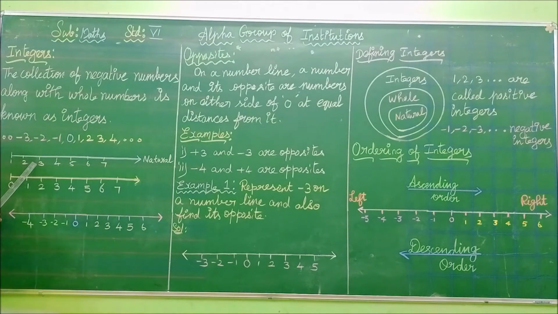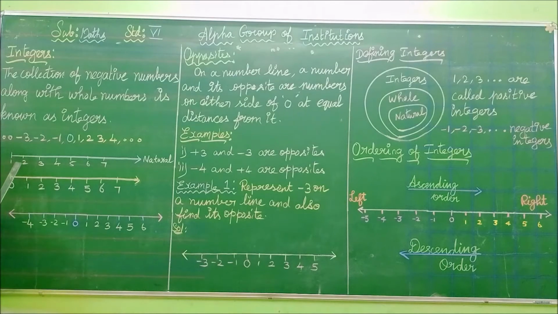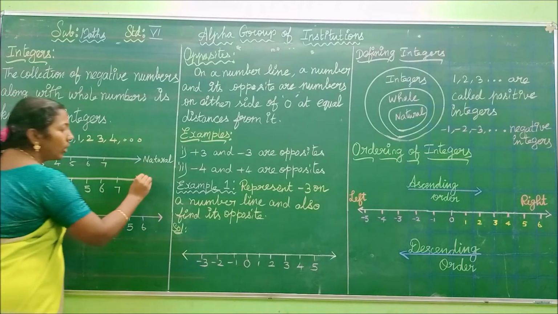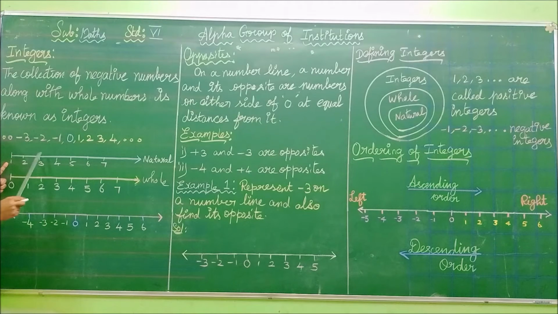Yes, natural numbers. Because natural numbers are starting with 1. So 1, 2, 3, 4, 5, etc. are called natural numbers. So along with natural numbers, if you add 0, you get what type of numbers? Yes, whole numbers. So this is whole numbers. If you add 0 with natural number, you get whole numbers. If you add negative number with whole number, you get integers.